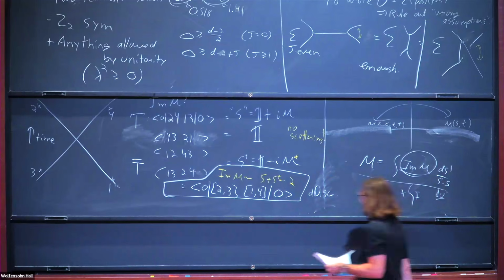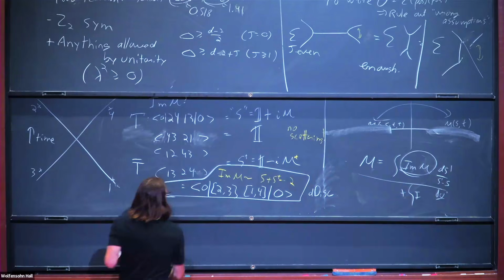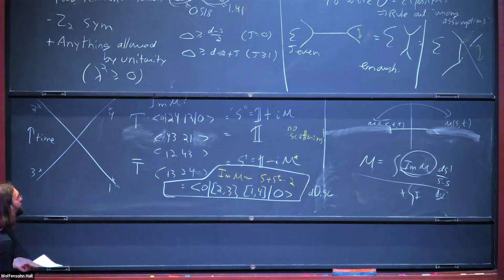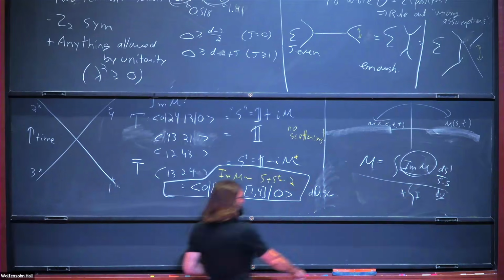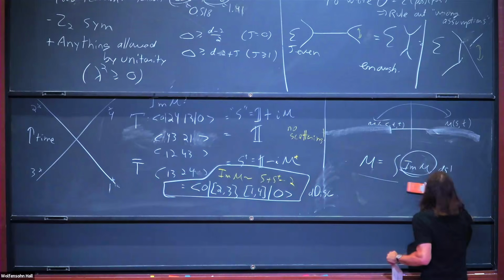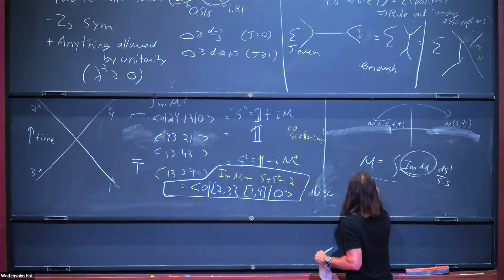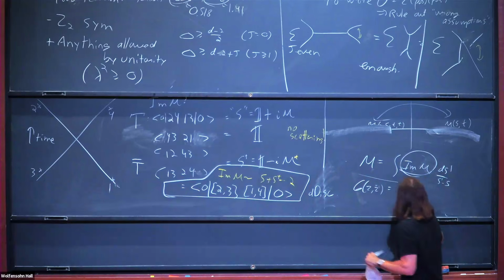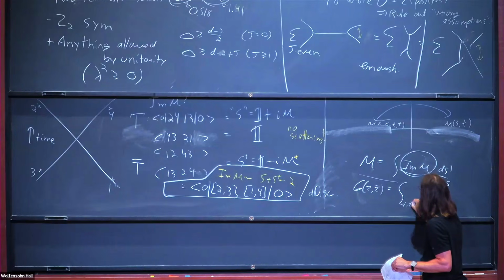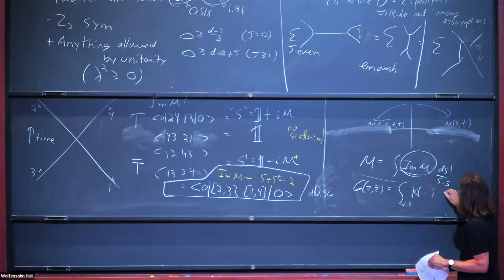Okay. So that's the correct analog. So now we see that a more refined question is whether we can write a correlator G of z, z bar as some integral over z prime, z prime bar, some kernel, times a D disk.